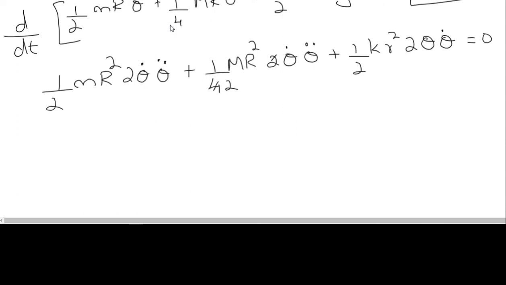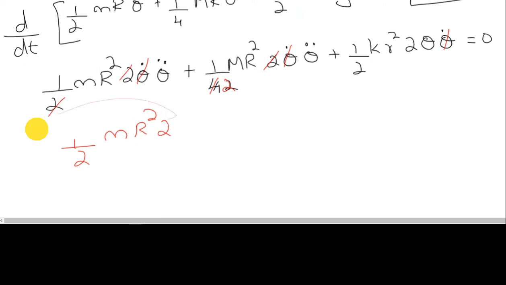Also, theta dot is common, so you can equate theta dot to 0. This 2 gets cancelled, and theta dot gets cancelled everywhere, and you will be left with an equation: half of m r square, and this 2 and this 2 also get cancelled, sorry.